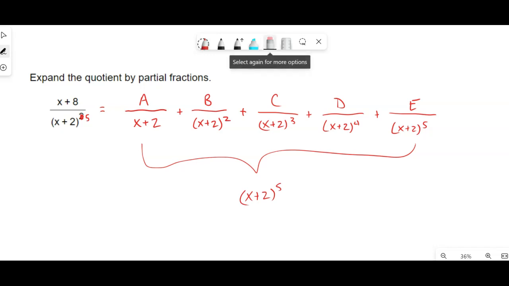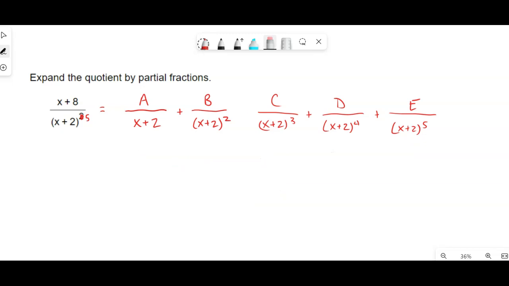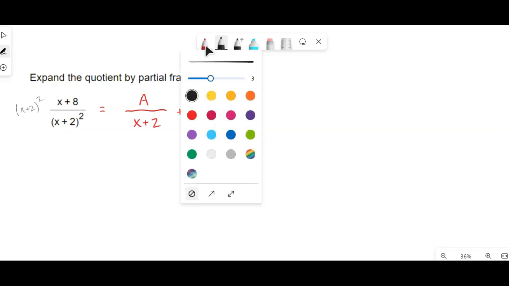So when we have a repeat, it's called a repeated linear factor. When we have a repeated linear factor, we have to keep in mind that the form of the decomposition will need to start with that without a power and build its way up to whatever that power is.